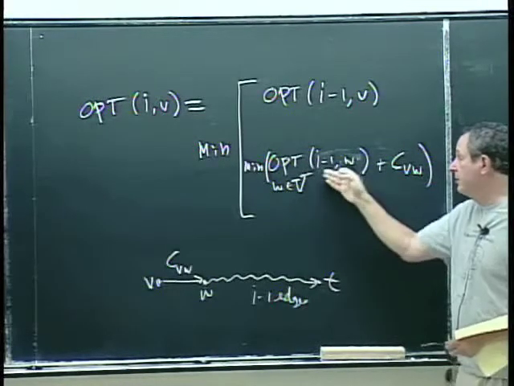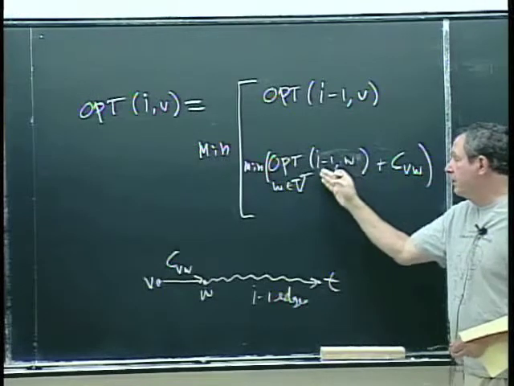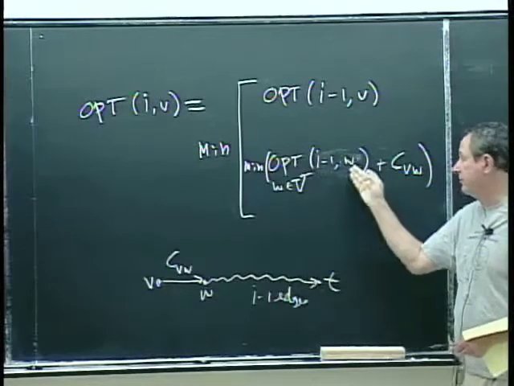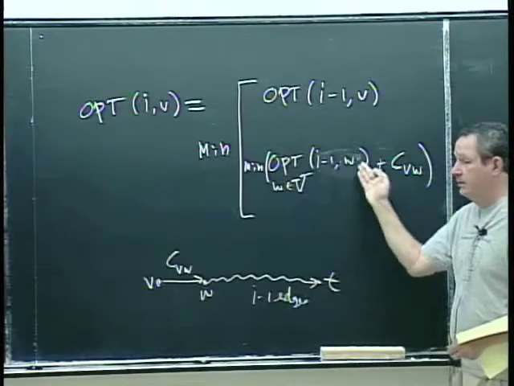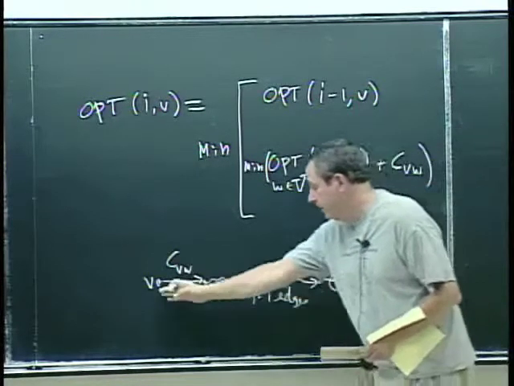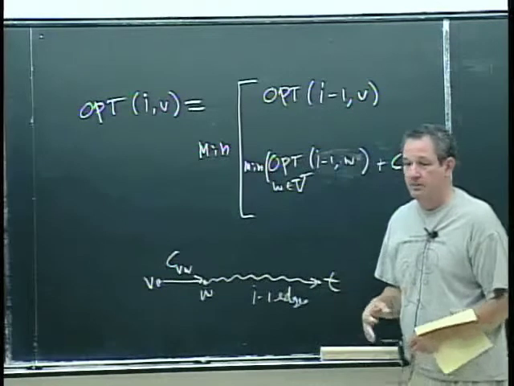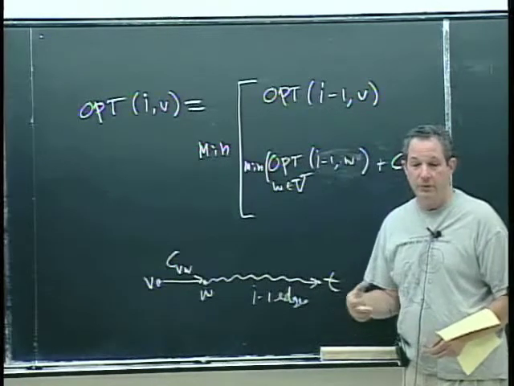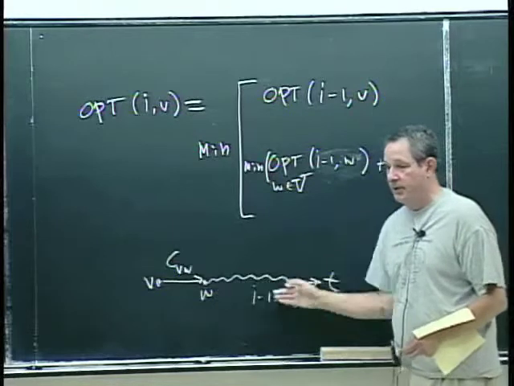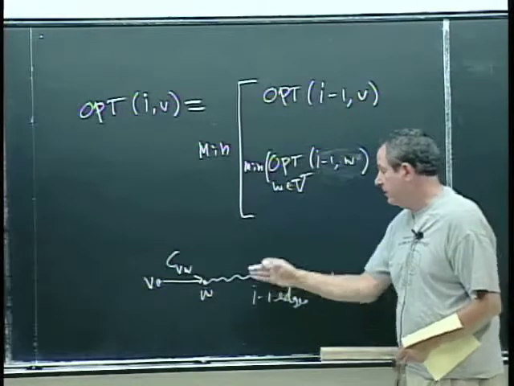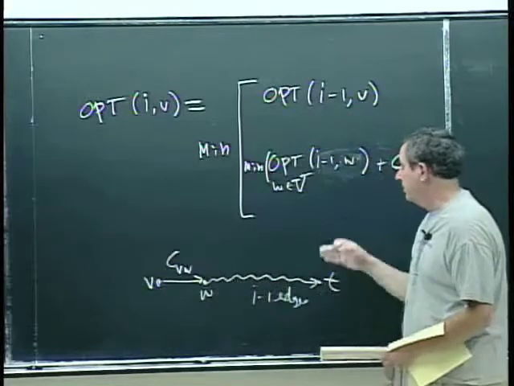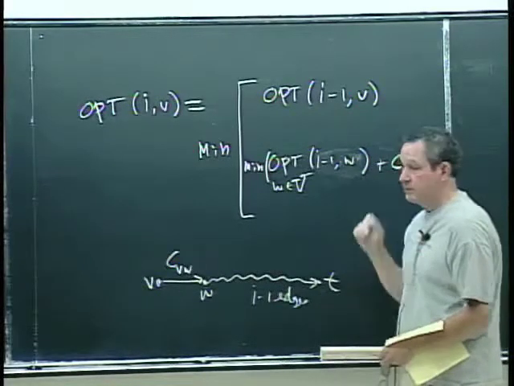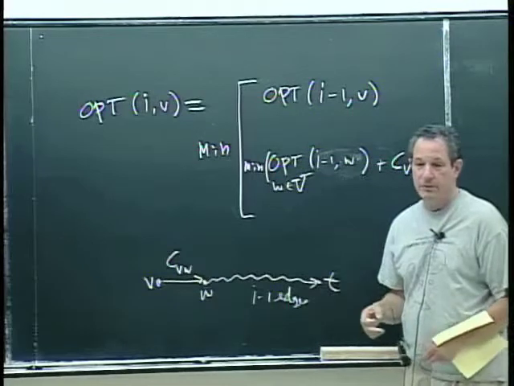This includes the possibility of using i minus 1 or fewer edges to get from w to t in the shortest possible way. And if the shortest path from v to t has i minus 3, then this portion of it from w to t is going to be the shortest path from w to t that has i minus 1 or fewer. In fact, it has i minus 2.